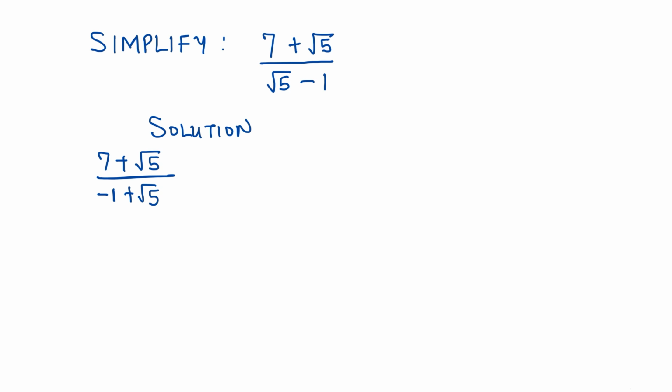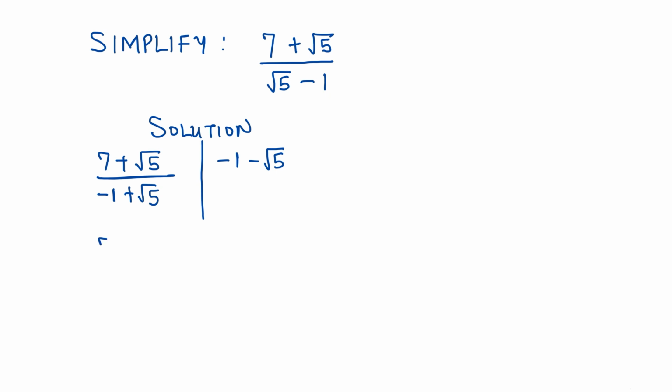And the conjugate of the denominator will then be minus 1 minus root 5. So at this point, we can easily rationalize our fraction.